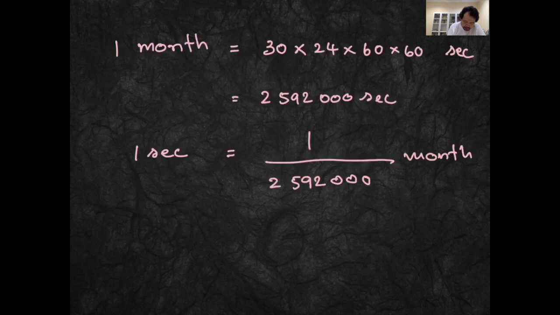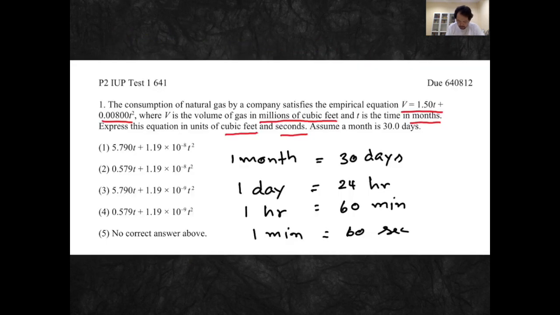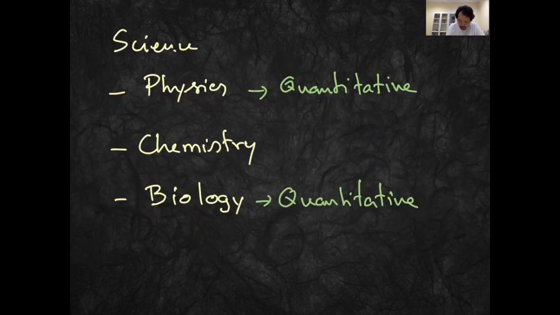We have that V is equal to 1.5 t plus 0.008 t squared. I ignore the last 2 digits to make it short.